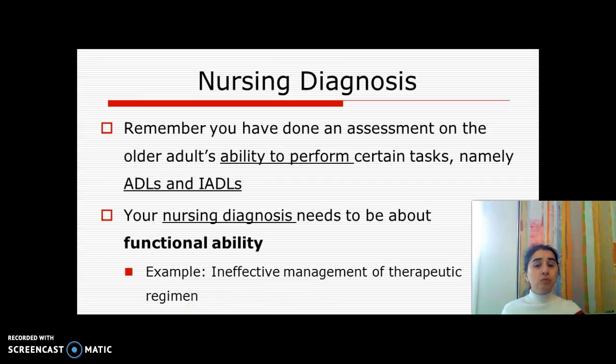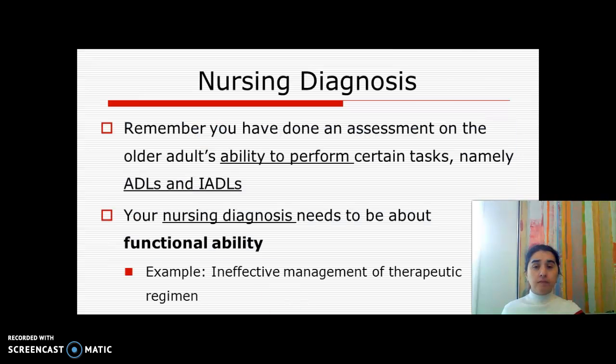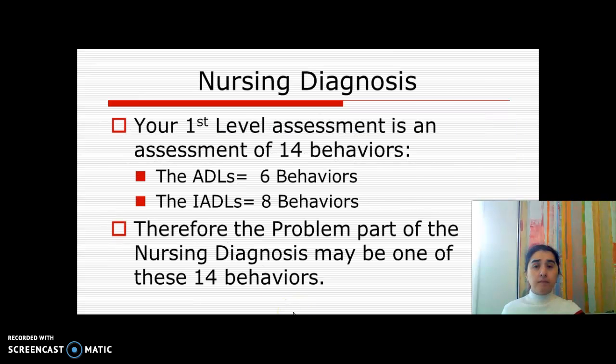So the first part of your nursing diagnosis is supposed to come from the first level assessment over here. You can pick any of 14 behaviors, 6 from ADLs or 8 from IADLs. So the problem part of the nursing diagnosis will be one of these 14 behaviors.